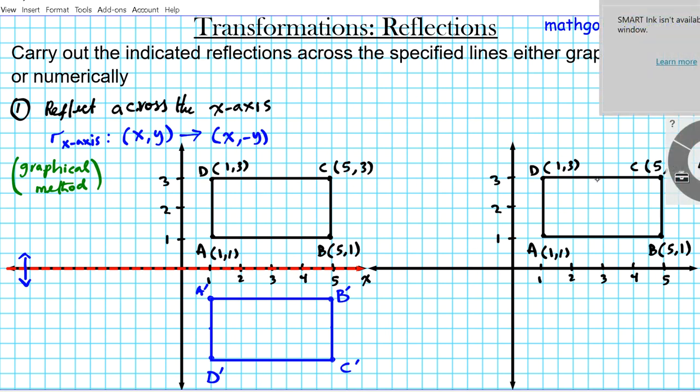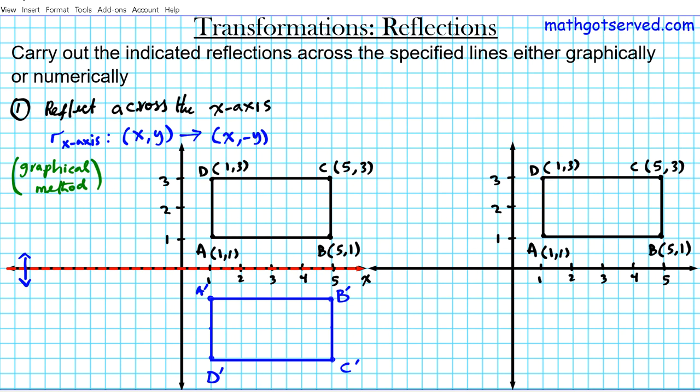The one on the top right here is the pre-image. And what we have on the bottom after reflecting is the image under reflection about the x-axis.